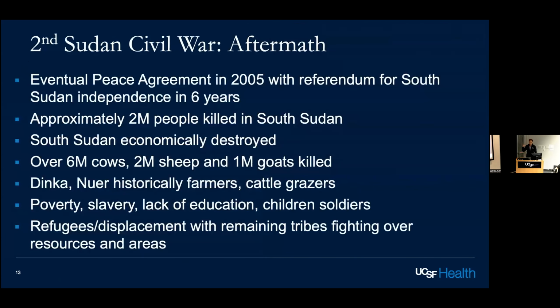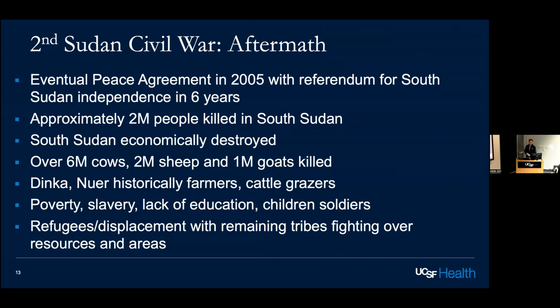And that's important because in the Second Civil War, they did have an eventual peace agreement, but about 2 million people were killed during this time, and the South was just economically destroyed, and over 6 million cows were destroyed. And so that just robbed them of their wealth during that time, which is why that's so important for them.